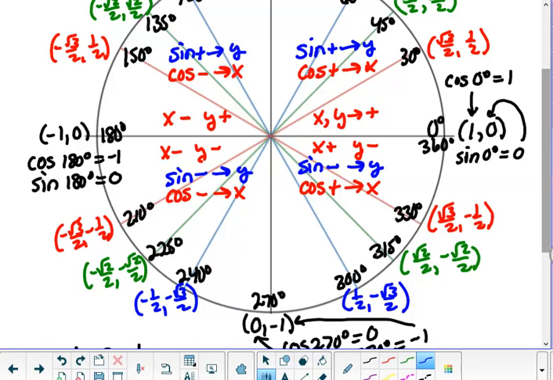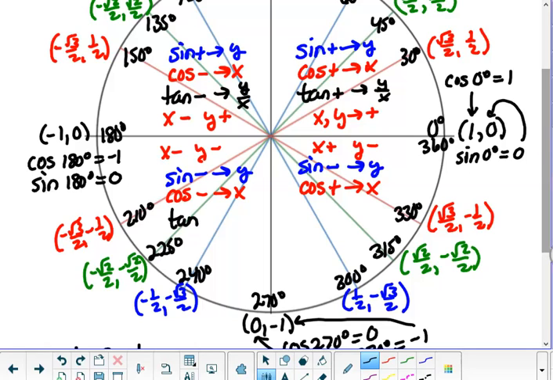Now, what do we do with tangent? Tangent is y divided by x. So for tangent, tangent is positive in quadrant 1 because it is y over x, and they're both positive. Tangent is negative in quadrant 2 because it is y over x, and that's a positive divided by a negative.